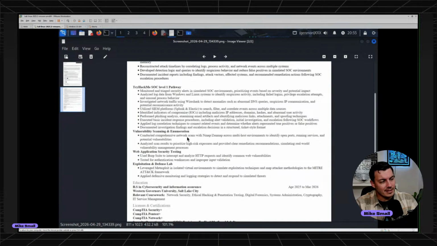So I think this is a really weak section, this last one. You could do a lot more, maybe even put offensive security together in one area. Maybe have a pen testing category where you're saying, hey, I know how to do Nmap scans. Hey, I know how to use Meterpreter. Hey, I know how to use Burp Suite.